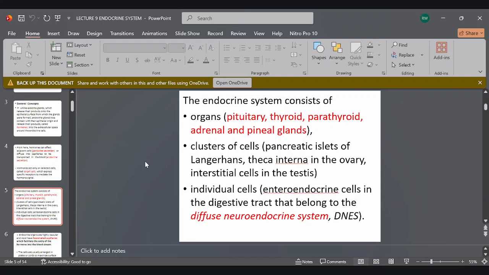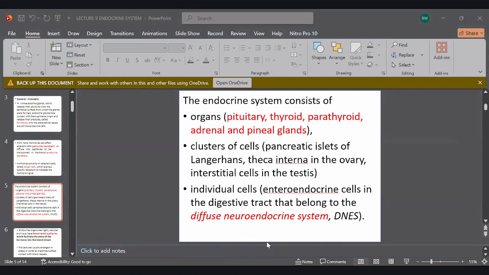So those are some of the glands that we're going to discuss also. Then we also have individual cells called enteroendocrine cells in the digestive tract, which belong to the diffuse neuroendocrine system. So these are some of the organs or glands that we're going to look at. Any question about these organs or glands?